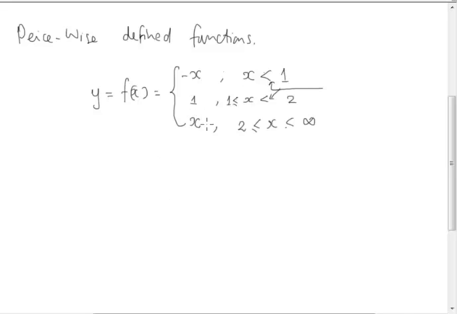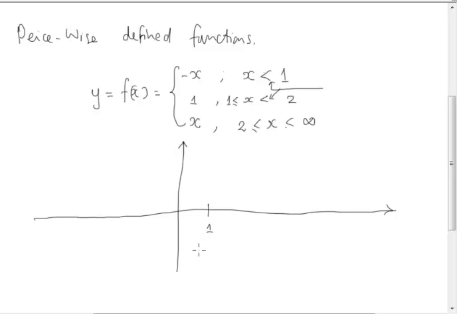So if we have a function like this, we say the function is piecewise defined. If we want to represent the function graphically, you must take into account those different partitions of the domain. Now we've got a point here which is 1, which is useful.